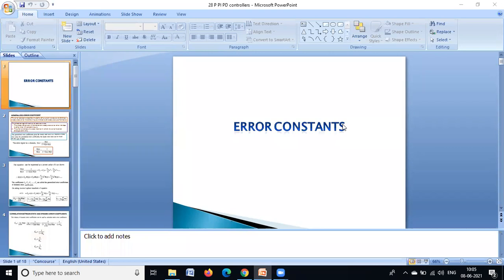After that, the steady state error represents the quality of the response system.